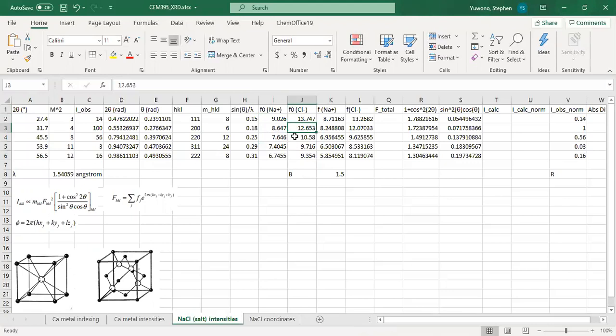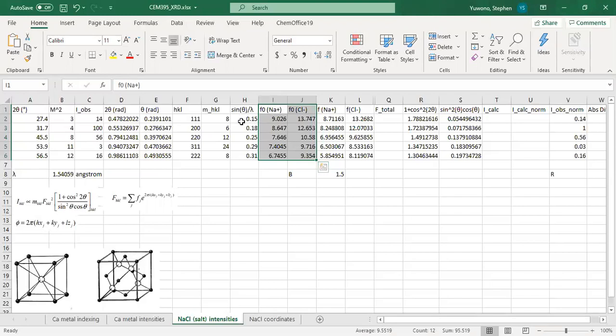Now, the difference here is that for a salt sample, or binary salt to be more precise, we need to take into account the scattering factor for both the cation and anion. In this calculation, I will assume that my sample is sodium chloride, which has an FCC structure, for example.